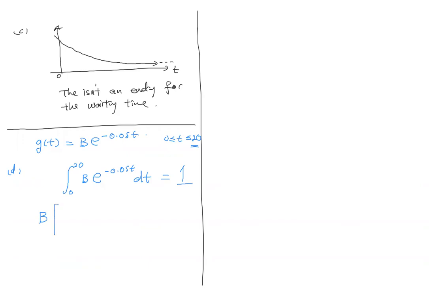So I integrate e. Still remember how to integrate e? So you write down the function e to the power of negative 0.05t divided by what? Divided by what? Junjie. Negative 0.05, yeah, thank you. Divide by negative 0.05.